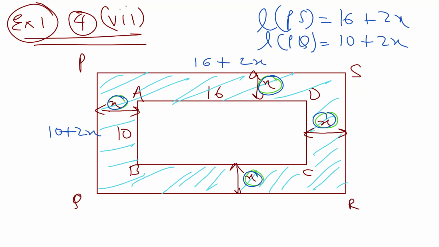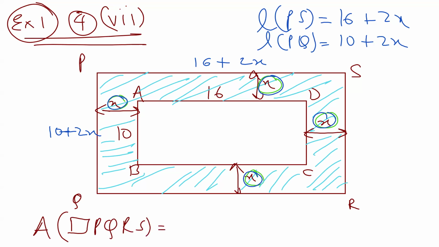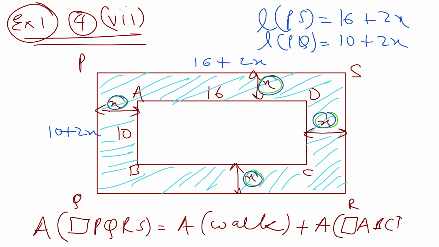Now I'm writing area of PQRS. Area of PQRS is equal to area of walk plus area of ABCD. Area of rectangle PQRS is equal to area of concrete walk plus area of rectangle ABCD. Am I correct?